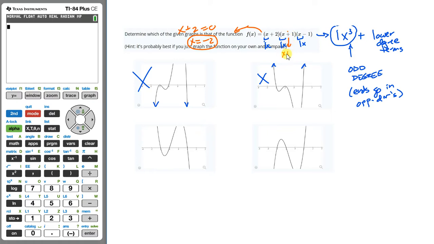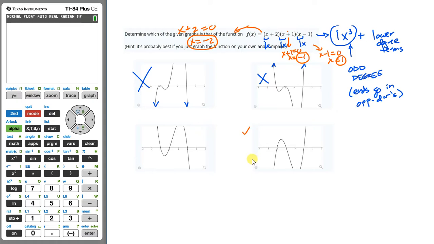If x plus 1 is 0, x equals -1. And if x minus 1 is 0, then x equals 1. Okay, so I should have zeros at 1, -1, and -2. But it looks like they all do that. 1, -1, -2, 1, yep. I'd have to magnify this one a little bit to make sure, but actually this one might have the wrong zeros already. Okay, so it looks like it's going to be this one because of the zeros.